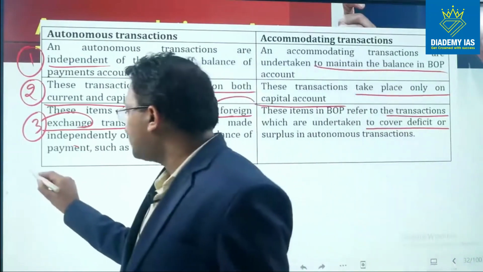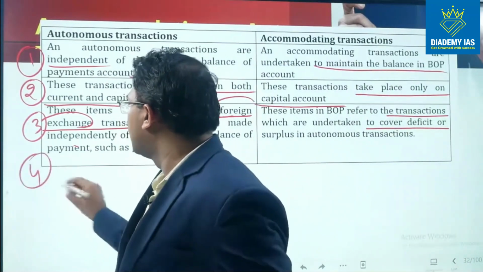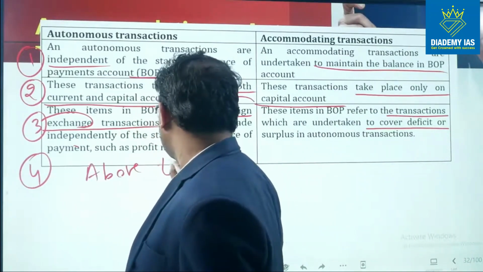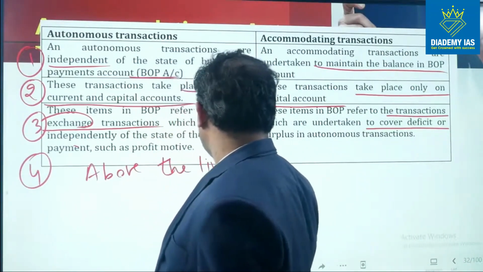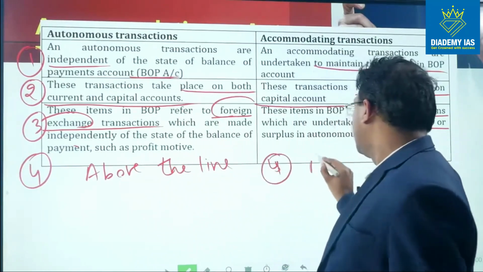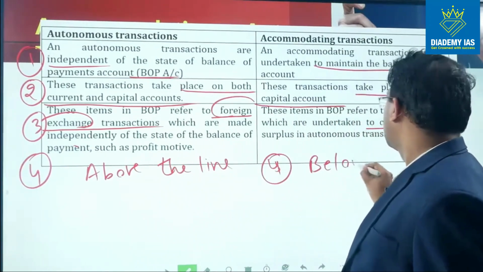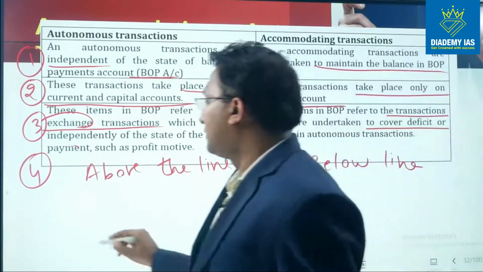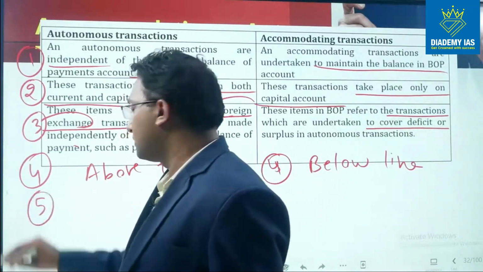Apart from that, autonomous transactions, they are above the line, and these are below the line. Right?